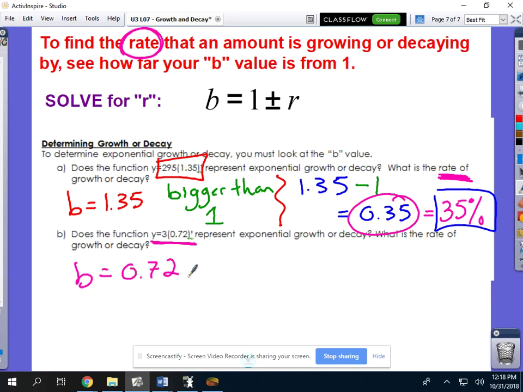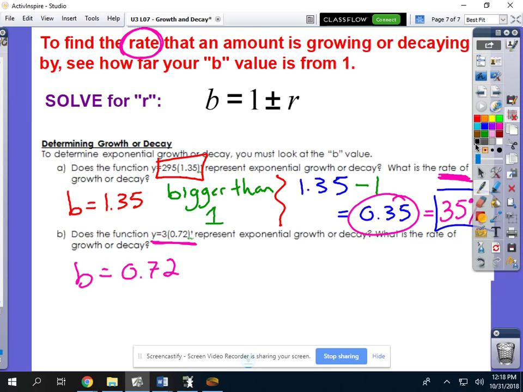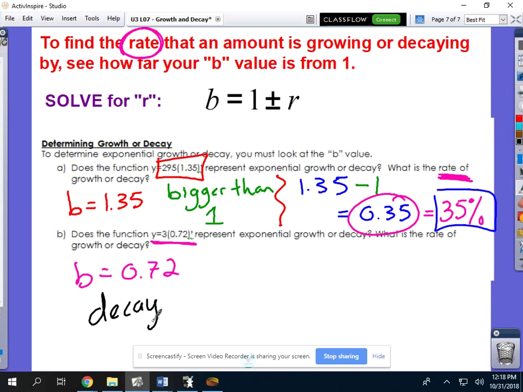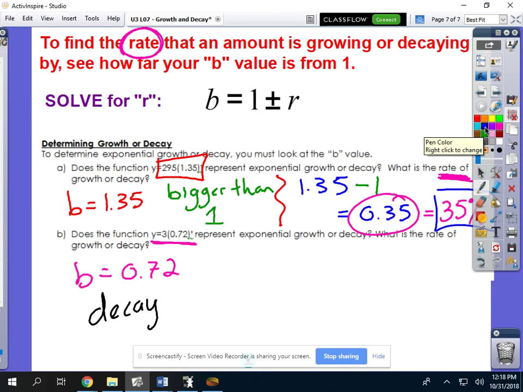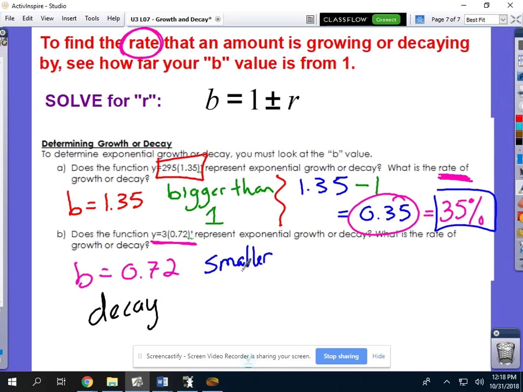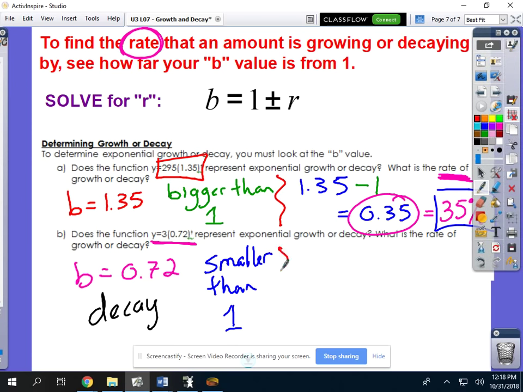Well, if b is 0.72, that's less than 1, so we know that this has to be decay. So if that's going to be decay, here's what's happening. We are smaller, right? Smaller than 1.